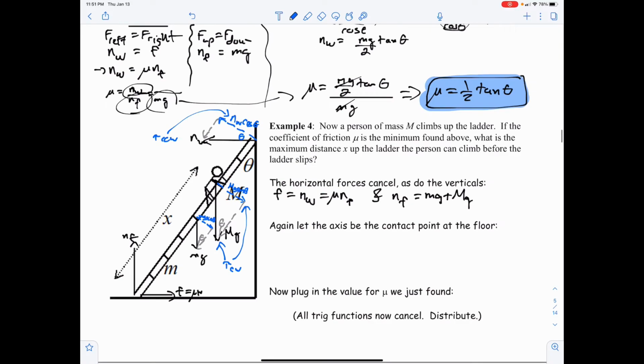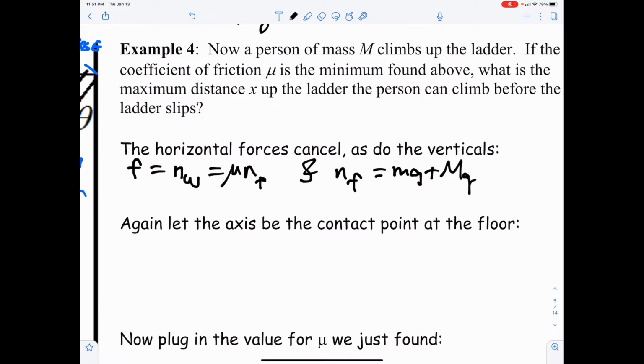So we have the fact that your counterclockwise torques equal your clockwise torques. There's one counterclockwise torque and two clockwise torques. In the counterclockwise direction, you've got the force. Remember, torque is equal to perpendicular force times distance.